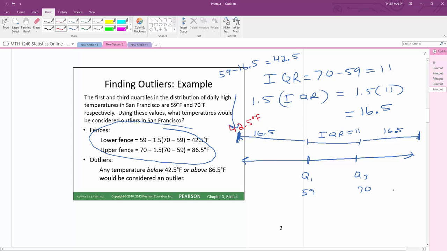Then to find the upper fence, we take Q3, which is 70, and add my 16.5, which gives me 86.5 degrees Fahrenheit. So you can see how this looks visually and with the equation. Any temperature that's not in this range, so if the values are not in between 42.5 and 86.5, then we consider them outliers.